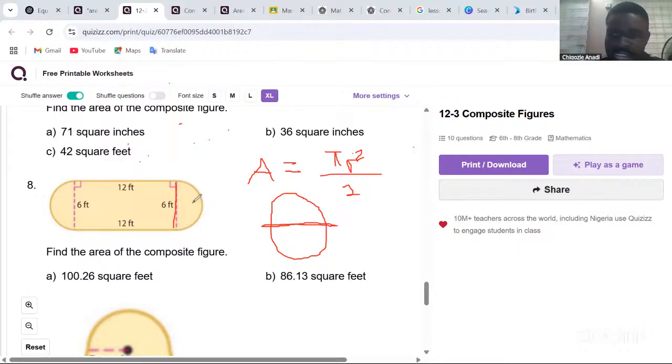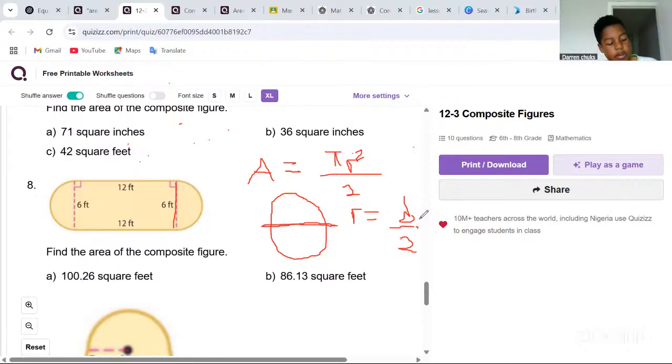So in order for us to get the radius, r is equal to diameter, which is d, all over 2. Write it down. Radius is equal to diameter all over 2. Okay?